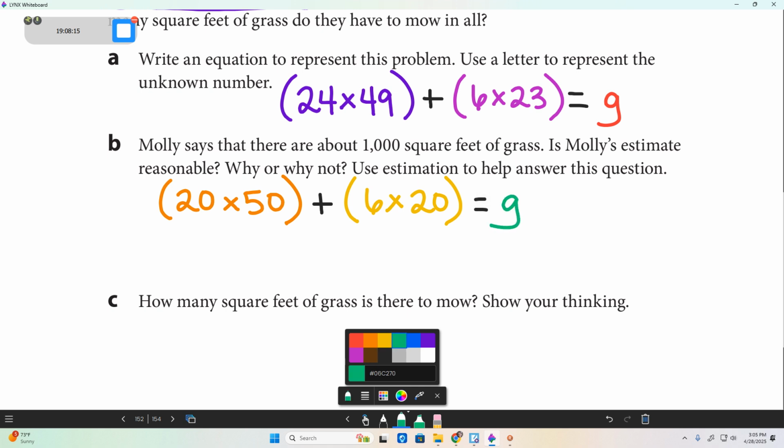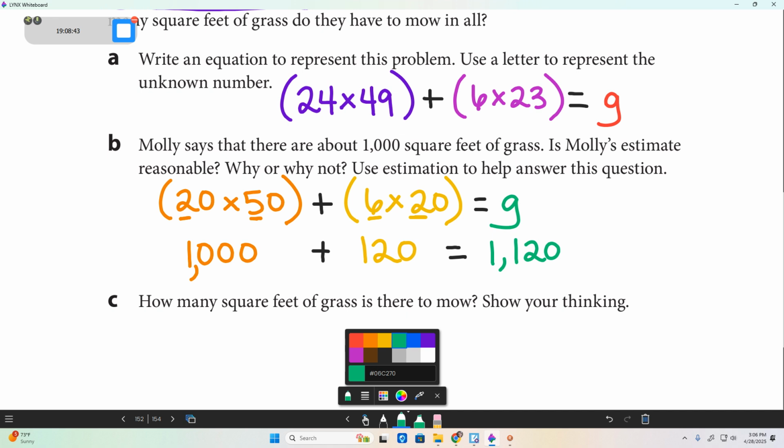So now let's figure this out. 2 times 5 is 10, 2 in the problem, 2 in the answer. And I've got to add that together with my estimate of that second area of grass. 6 times 2 is 12, 1, 0. And I'm wondering if I add that together, I do get 1,120.